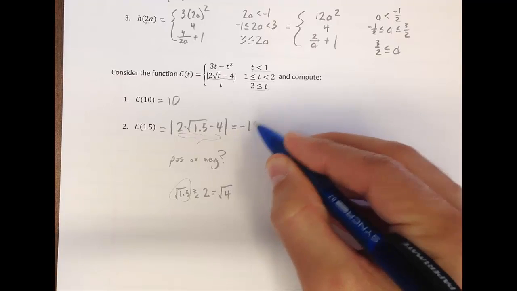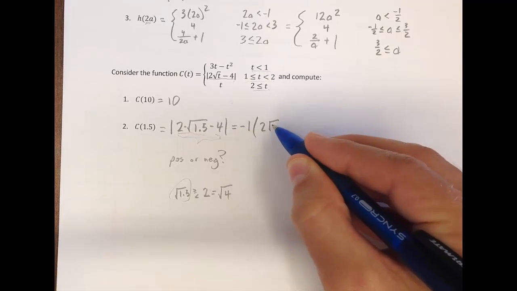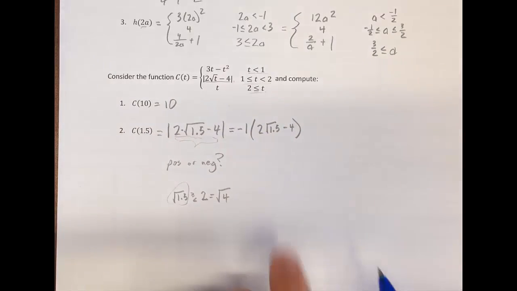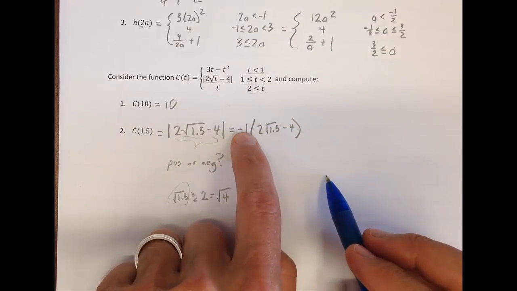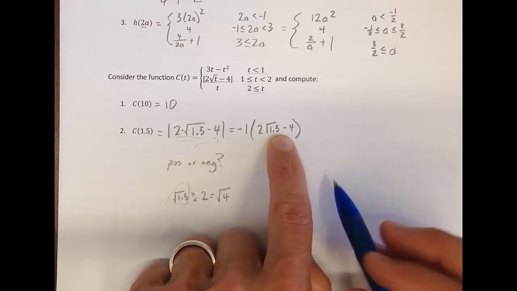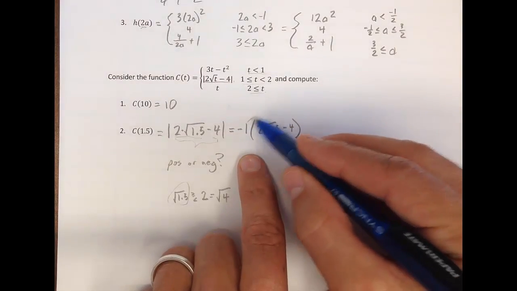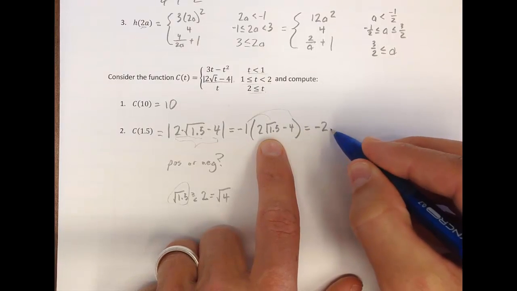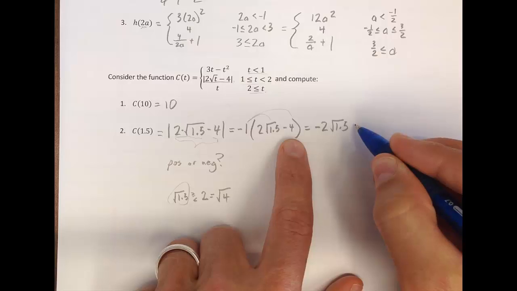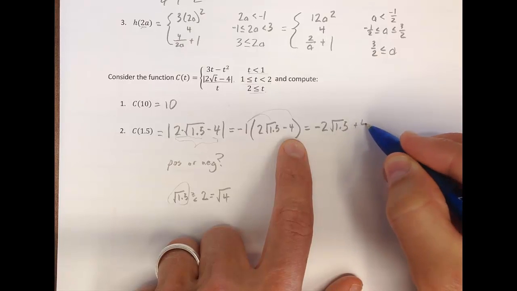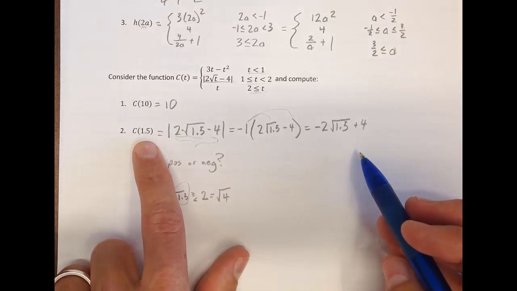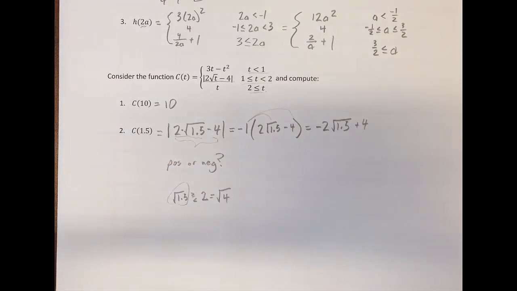That means we have negative 1 times the thing inside. That will give me a positive value. Negative times this negative value gives me a positive value. I can now distribute the negative 1. So that's negative 2 root 1.5 plus 4. That will be a positive number, and that is the output of C of 1.5.